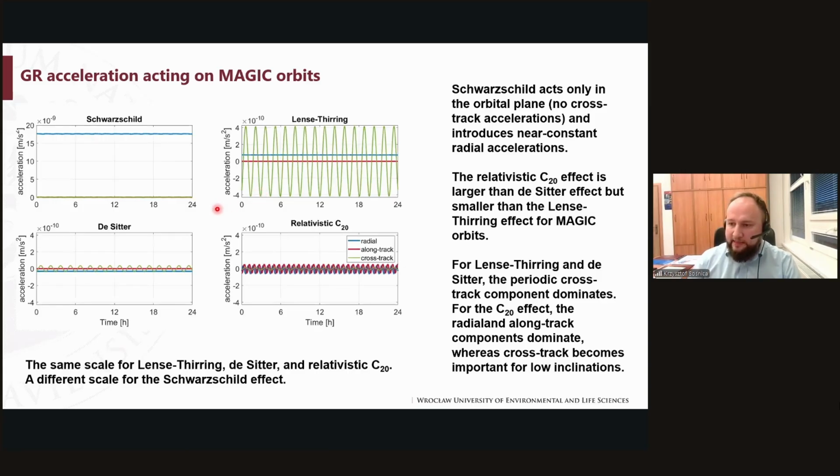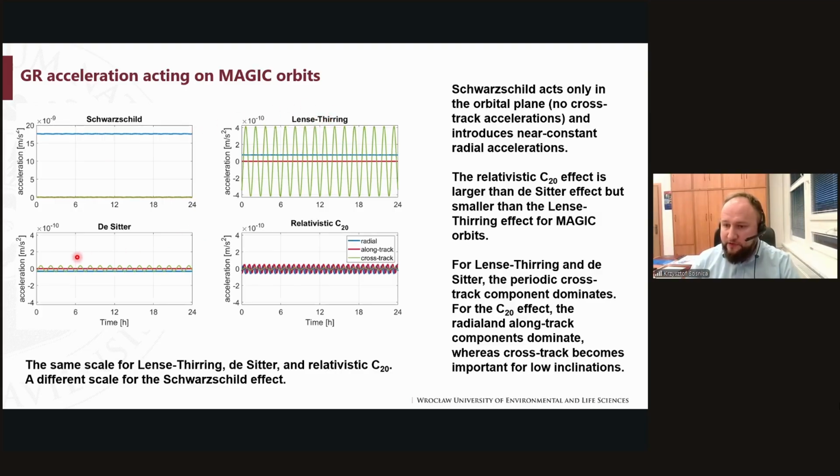Let's have a look at the order of magnitude of the accelerations we expect. The largest accelerations are, of course, caused by the main term, the Schwarzschild term, but Schwarzschild causes more or less a constant acceleration in the radial direction and does not cause any accelerations in the cross-track direction.